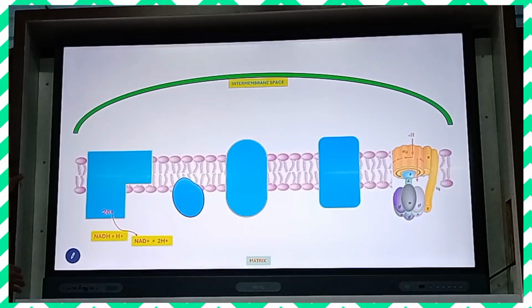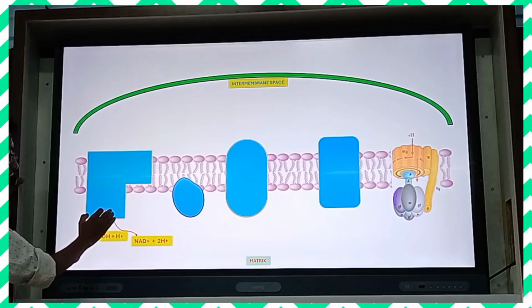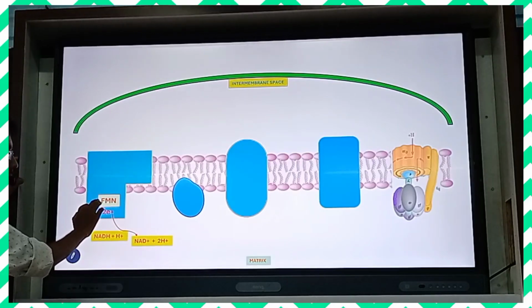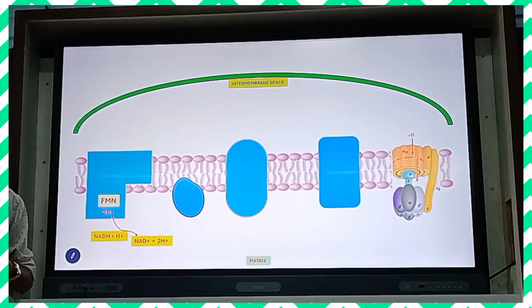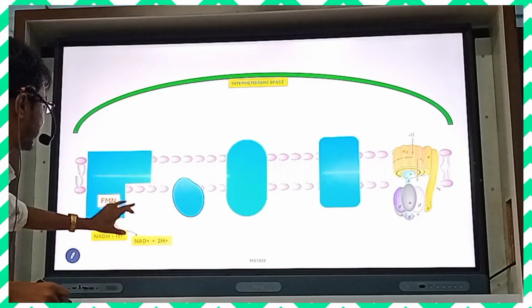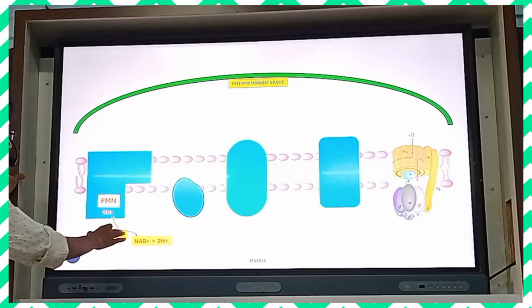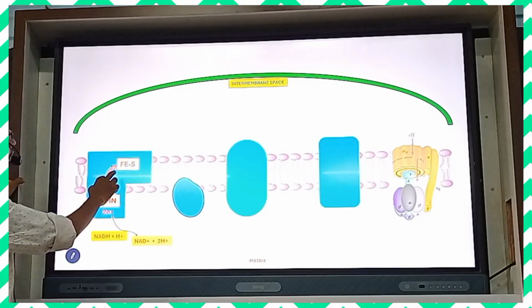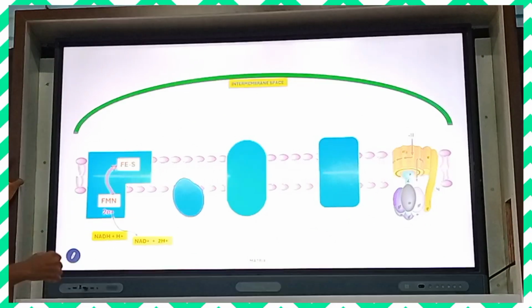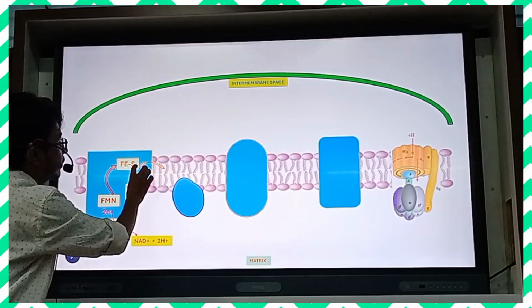NADH reduces the FMN. FMN is flavin mononucleotide. It is actually a prosthetic group of complex 1. Then electrons transfer to the iron sulfur complexes, and finally electrons are released from complex 1.